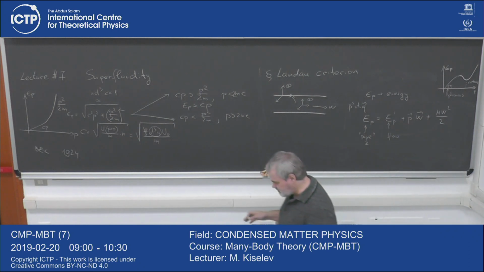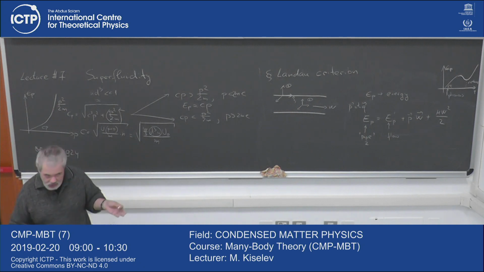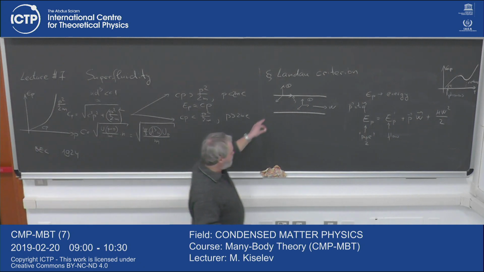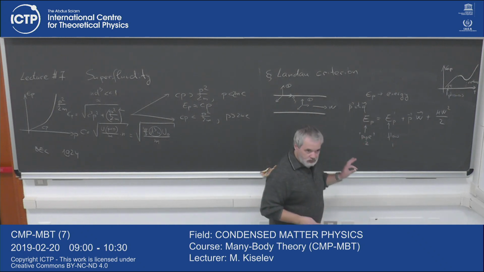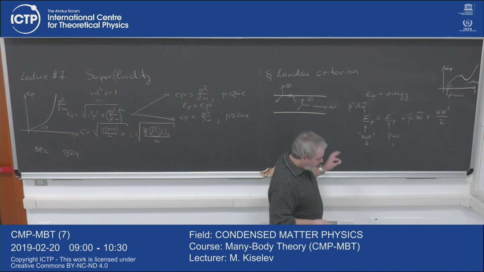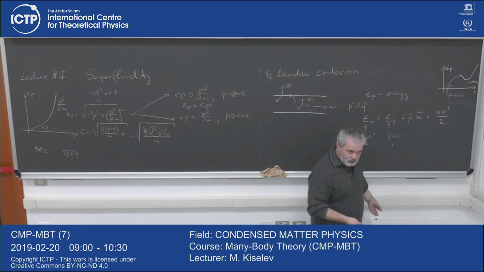So this is the energy of the flow and excitation in coordinate system 2 recalculated from coordinate system 1. Again, in coordinate system 1 the flow is at rest, so it doesn't move.